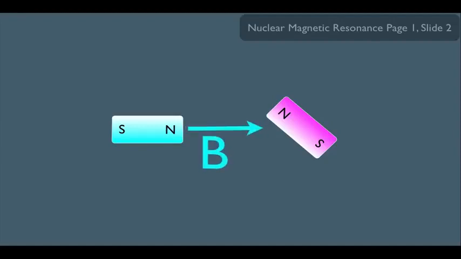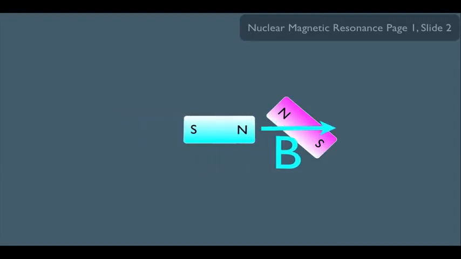Typically, magnetic fields are given the symbol B. Another way to understand the influence of magnetic fields is that if we again move this magnet close to the pink magnet, then the pink magnet orients itself with the magnetic field in this direction. In this section, we're going to represent magnetic fields as these blue arrows, which, as you can see, influence the orientation of other magnets.